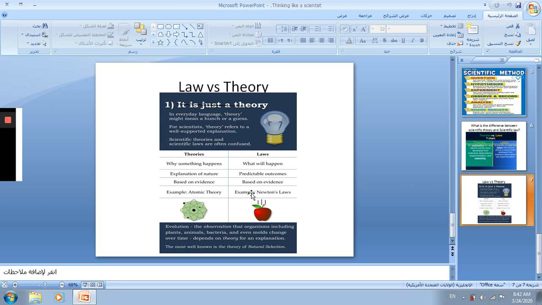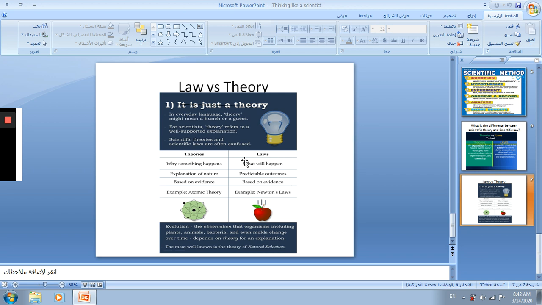Example, atomic theory here, Newton's law. Atomic theory, because they didn't see the atom or the nucleus, so they put theories for it. But here they saw what happened, or what predicts to happen to things after they saw it, like Newton's law. So this is the difference, and I think the topic here is very clear.